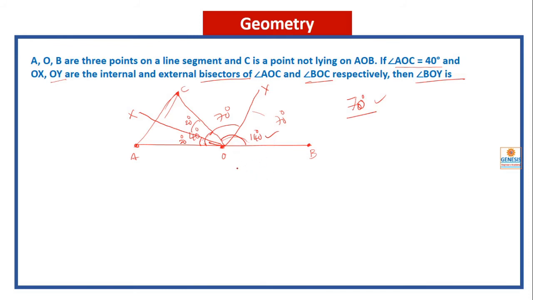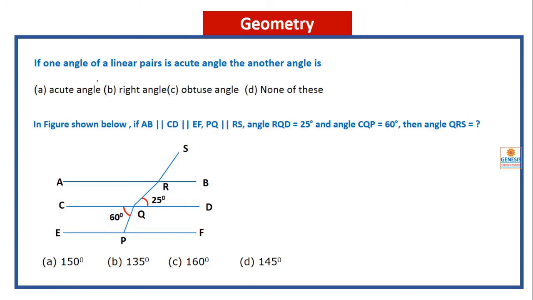Have you understood? Okay. Now, if one of the linear pair angles is an acute angle, the other angle is... So there are two angles, alpha plus beta is equal to 180.